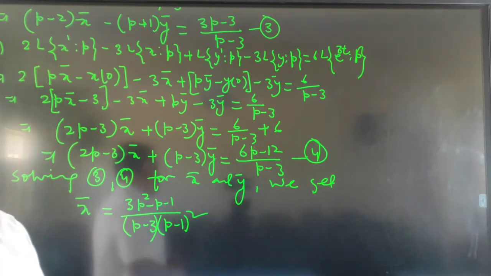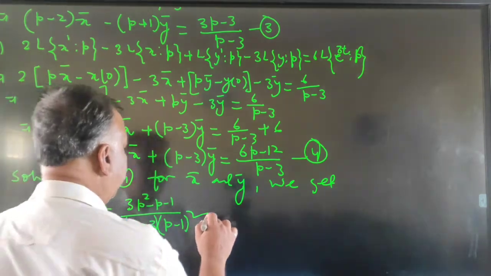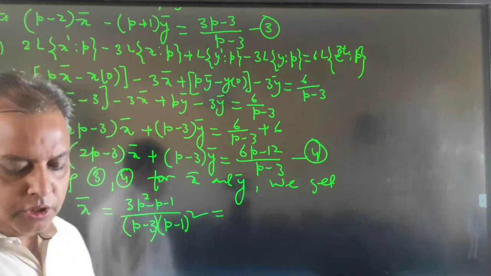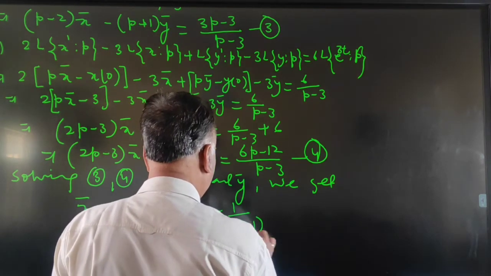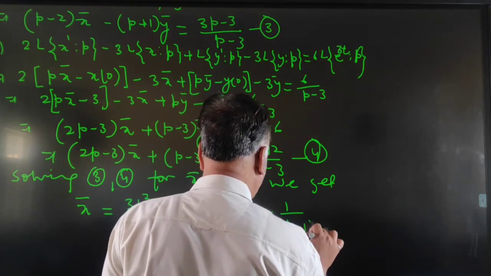If we solve this one by partial fractions, we get 1 upon p minus 1 minus 1 upon p minus 1 whole square.